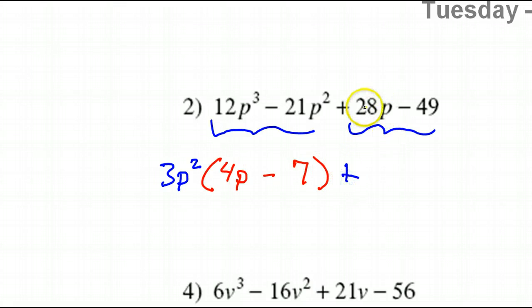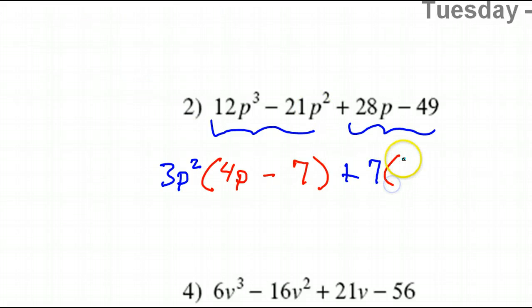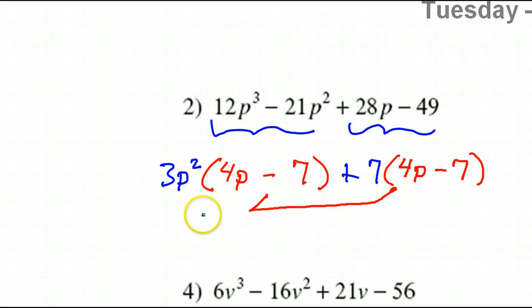Over here, both of these are divisible by 7. 7 goes into 49. So we'll bring out the 7. That means on the inside, guess what? 4p minus 7. The parentheses, once again, are the greatest common factor. So we pull that out in front.